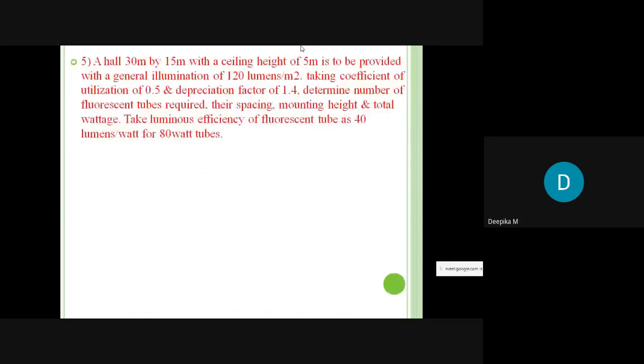And general illumination 120 lux, coefficient of utilization, depreciation factor they have given, and we need to determine the number of fluorescent tubes required and the spacing, mounting height, and the total wattage.